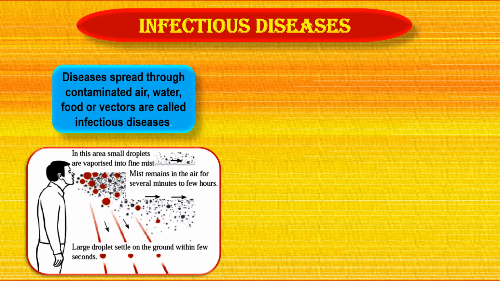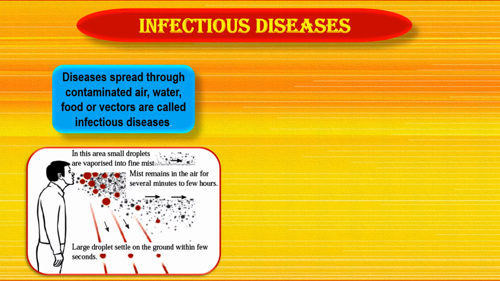If you look at this picture here, you will see the man sneezing, and whatever comes out from his mouth remains in the air for several minutes to a few hours. The larger droplets of water or the water vapor fall on the ground within a few seconds. But the finer particles spread all over.